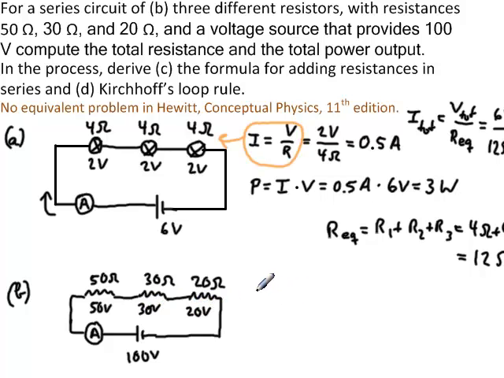Individually, the current is, for example, 20 volts divided by 20 ohms, and that of course is 1 amp.